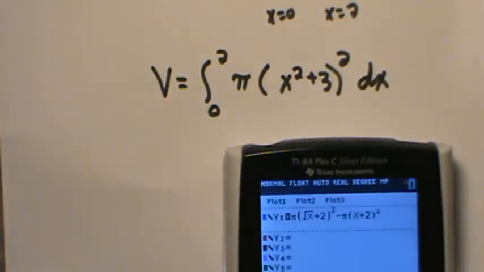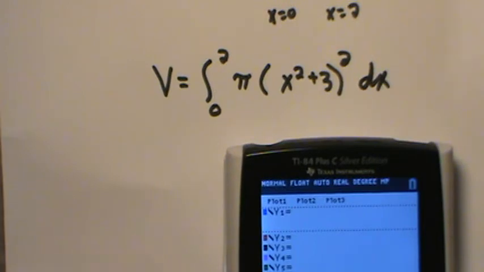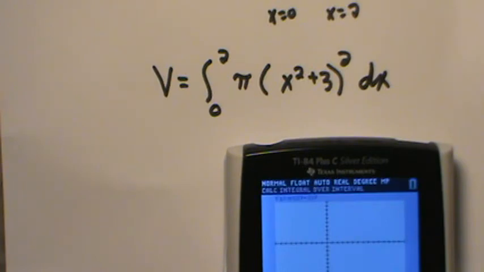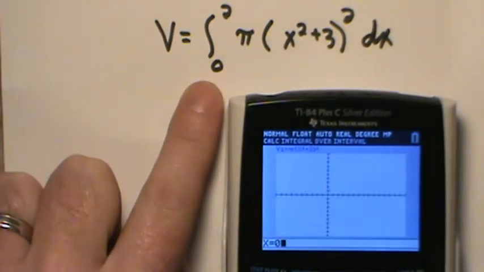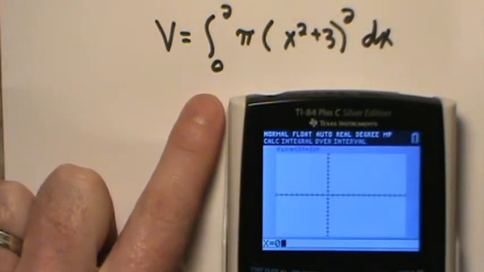So I go to my y equal, clear everything out of there. I'm going to do my pi parenthesis x squared plus 3, that quantity gets squared. And then I do second calc, option 7. I want to start at 0 for my lower limit, and then I'm going to end at 2.